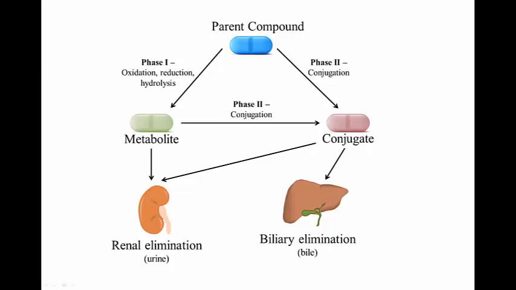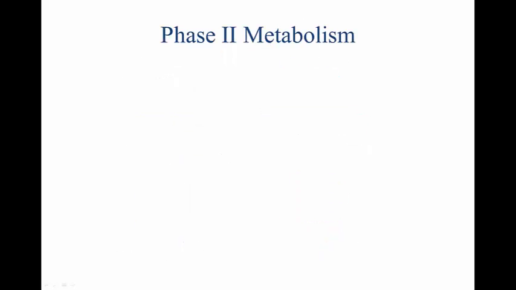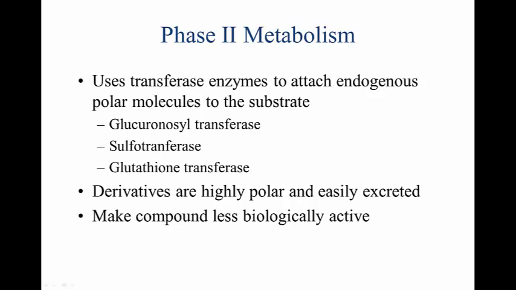The substrates for Phase II metabolism can be parent compounds of drugs or toxicants, or products of Phase I metabolism. Phase II reactions use transferase enzymes to attach endogenous polar molecules to the substrate. The three primary enzymes that catalyze Phase II reactions are glucuronylyl transferases, which form glucuronide conjugates, sulfotransferases, which form sulfate conjugates, and glutathione transferases, which form glutathione conjugates.